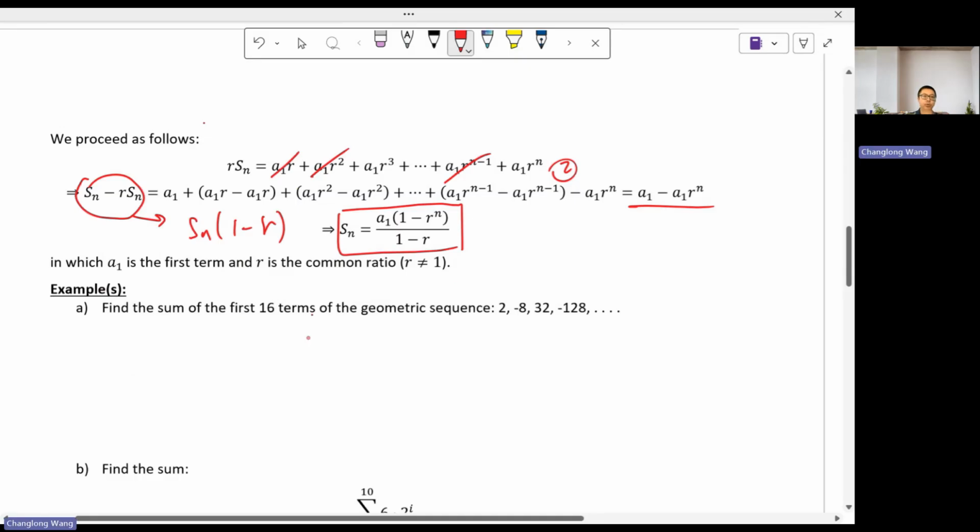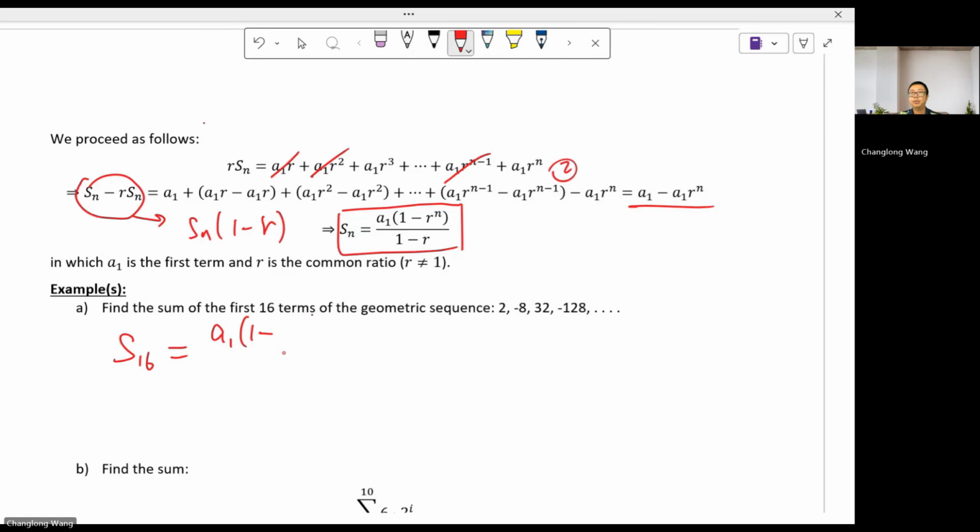Let's try letter A here. Let's find out the sum of the first 16 terms. All right, so now S sub 16, right? So you're going to need A sub 1 times 1 minus the common ratio. Now, can anyone tell me what will be the common ratio for this geometric sequence? Start from 2, then -8, so negative 4, right?